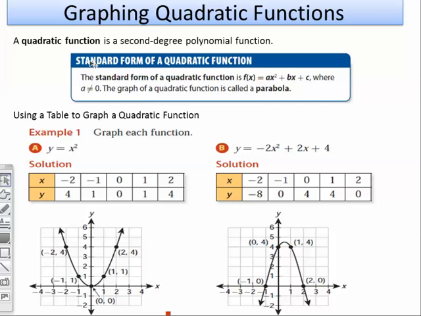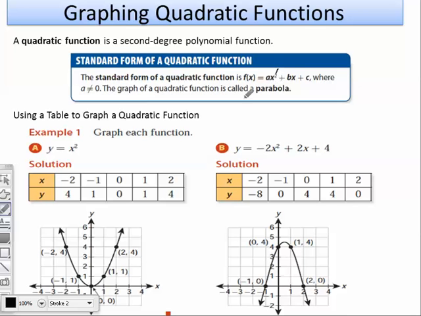If we're looking at the standard form of a quadratic equation, quadratic equations have this x squared term in them. It'd be ax squared plus bx plus c. That is the standard form of the quadratic equation, okay? Now, a obviously can't be 0 or it's not quadratic any longer. A has to be some number.